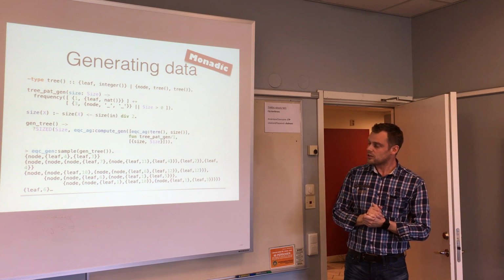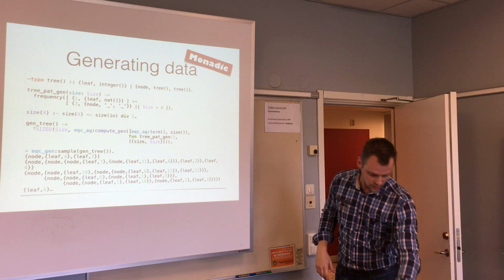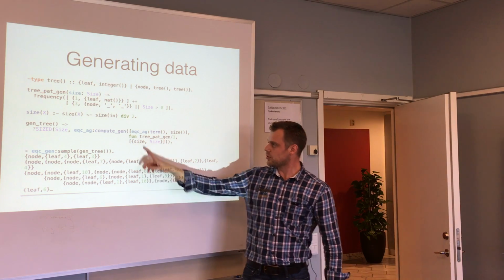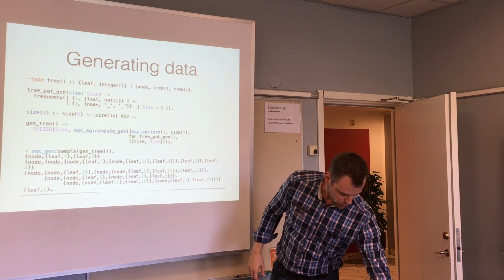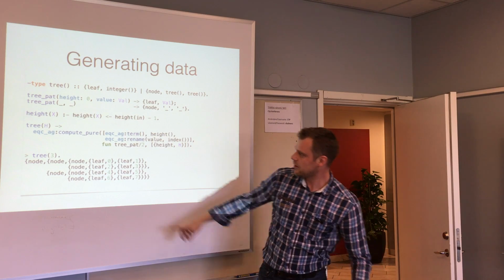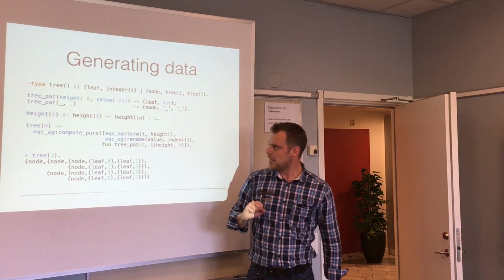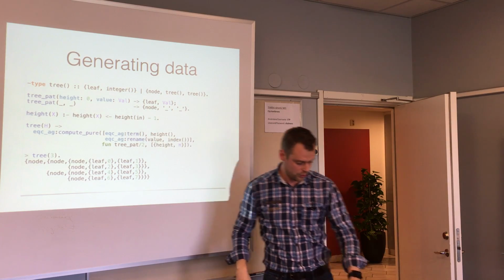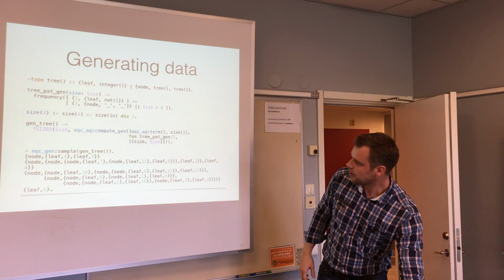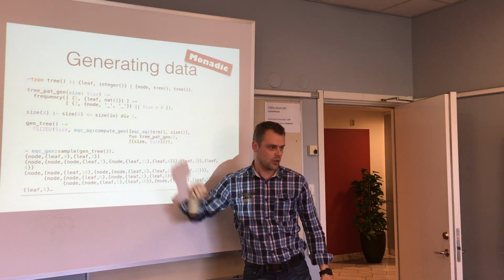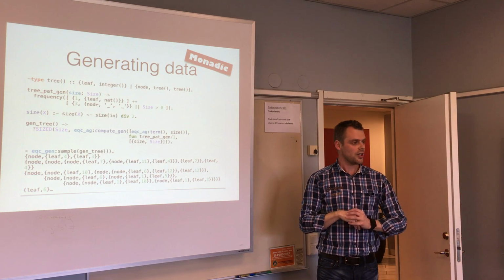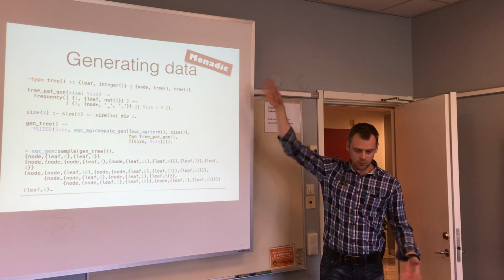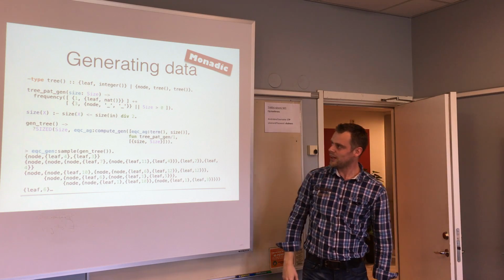A different variant: this is the previous slide. The name of the compute function for generated data was pure. We also have a variant called gen, which is specialized for the Quickcheck generator. It's monadic, but forget about that.